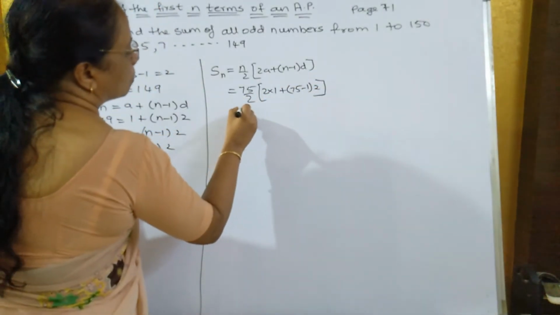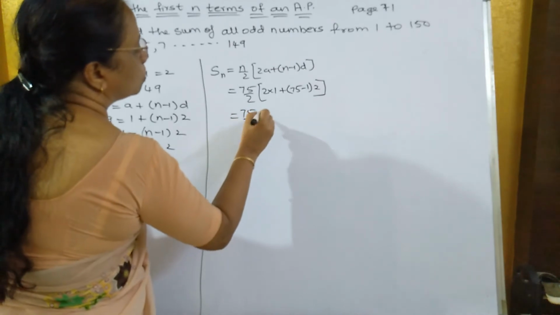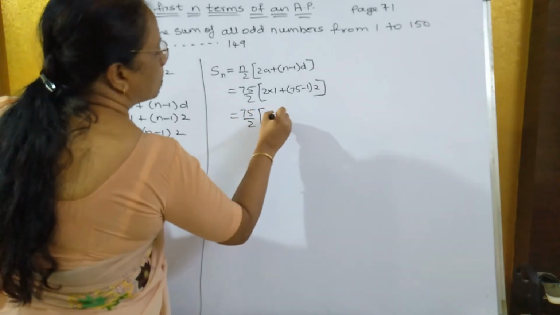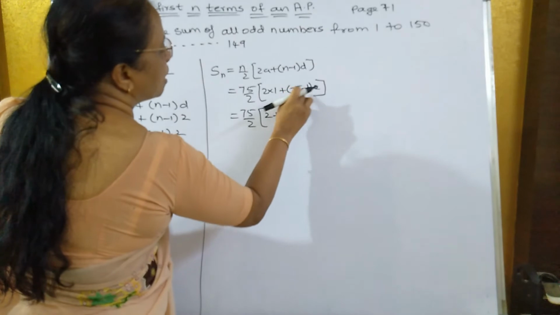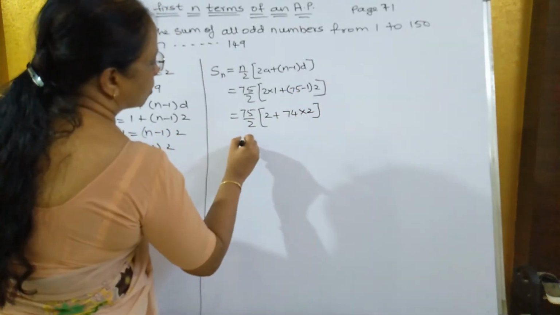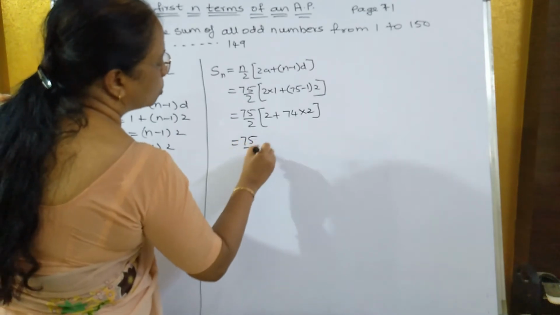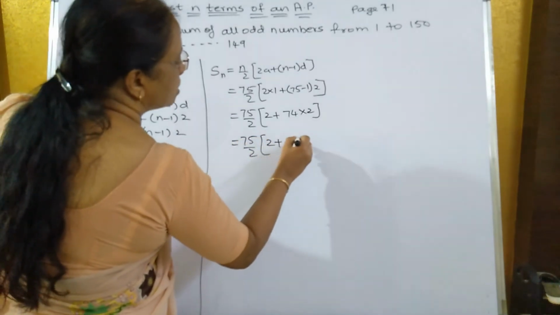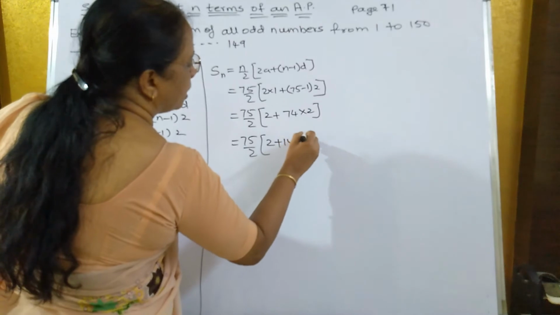That is equal to 75 upon 2 into 2 plus 74 into 2, since 75 minus 1 is 74. So that is equal to 75 upon 2 into 2 plus 148.